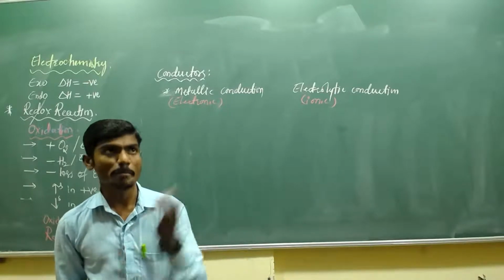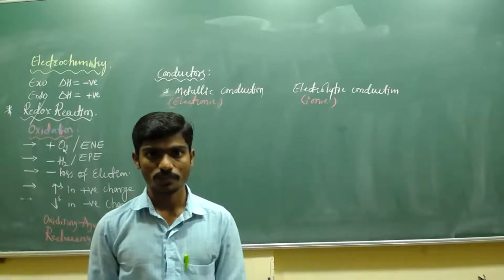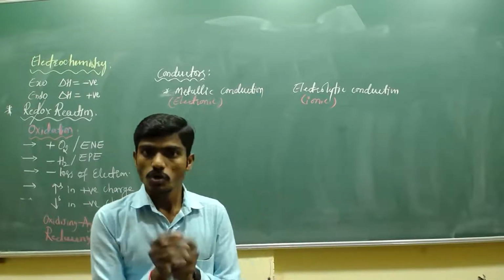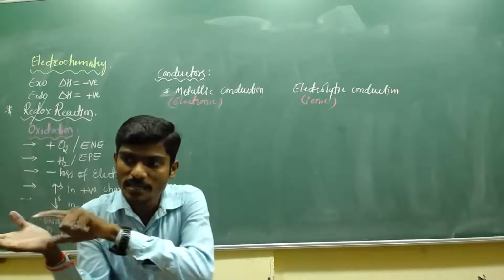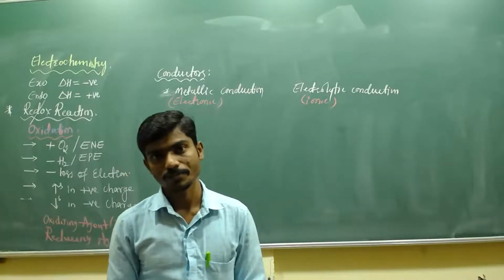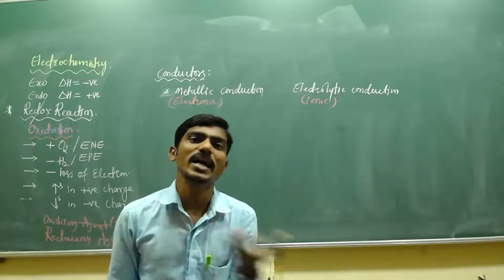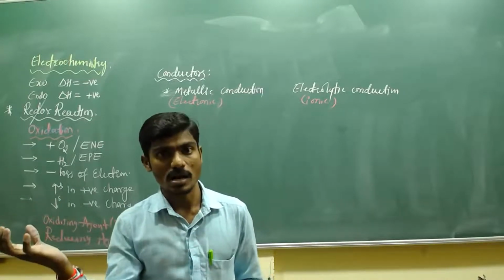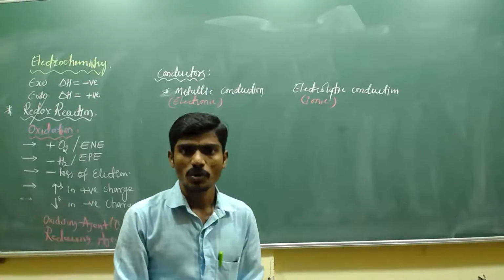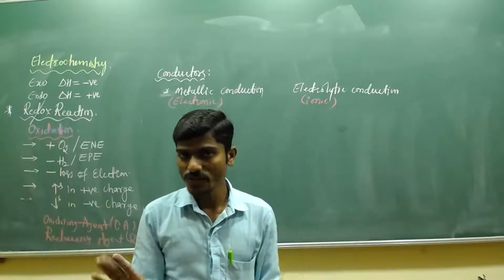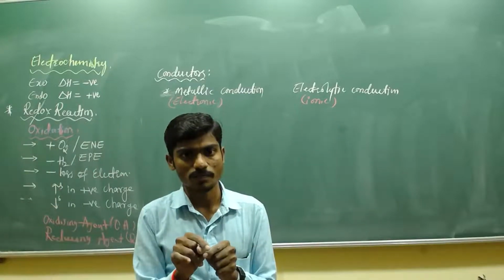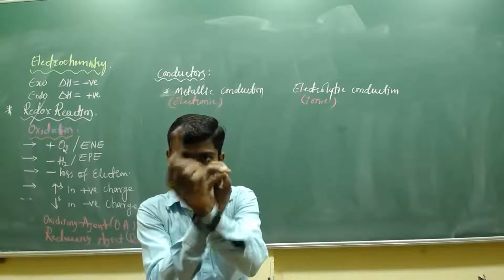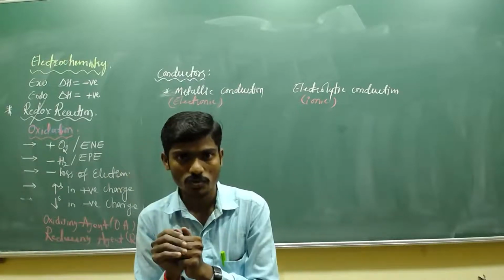As we know, metals are good conductors because they allow the passage of electric current through them. So how is the electric current passed through a metal? What are the carriers? Current is the flow of electrons. In a metal, the surface consists of a close packing of atoms surrounded by electrons.